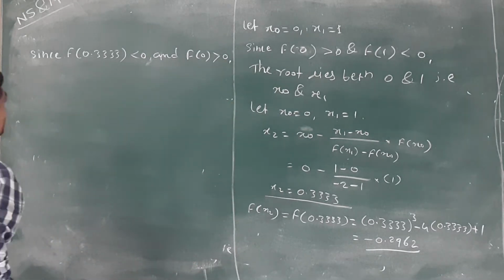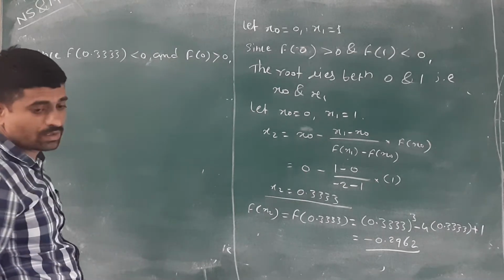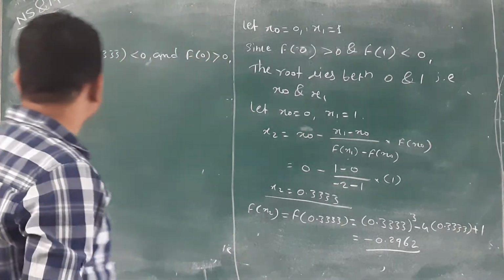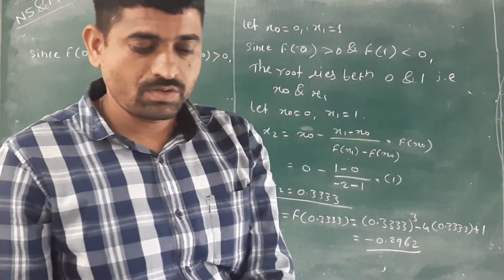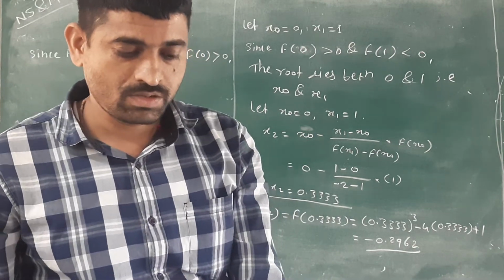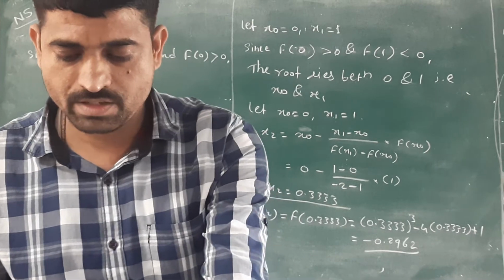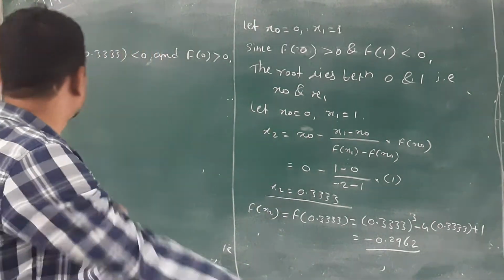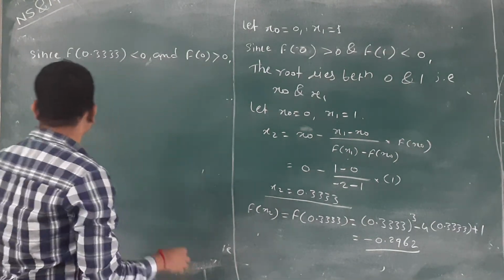So we can say the root lies between 0.333 and 0. I will check that. Okay, yes, this value is correct. We check that f of 0 is greater than 0.